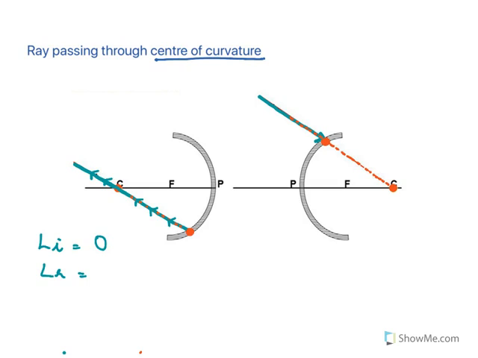The ray is coming along the normal, so after reflection, it will move along the same path. Here too, the angle of incidence is 0 and the angle of reflection is 0. In both these cases, the ray falls perpendicular. The ray is perpendicular to the mirror.